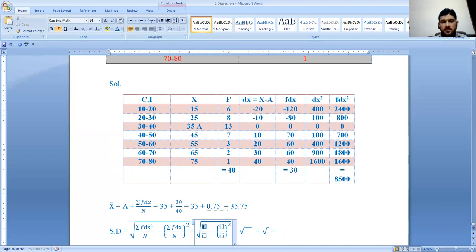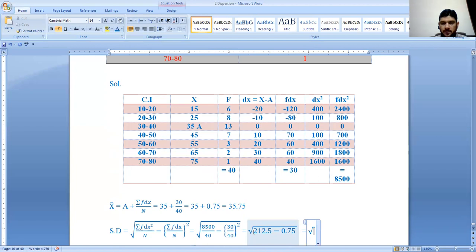Next one is SD. SD is equal to under root sigma fdx square, that is 8500, upon n, that is 40, minus sigma fdx, that is 30 upon 40, whole square. Now 8500 divided by 40 is equal to 212.5. 30 divided by 40 is equal to 0.75.